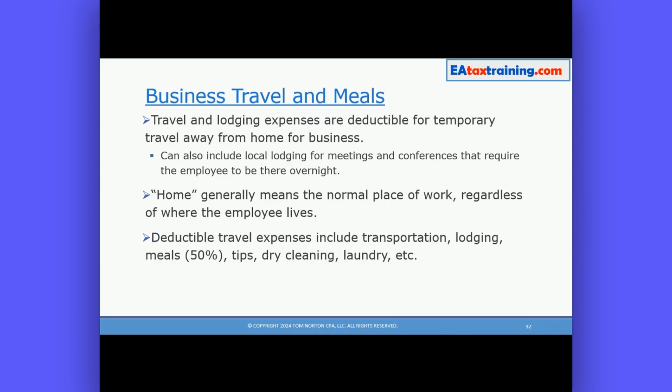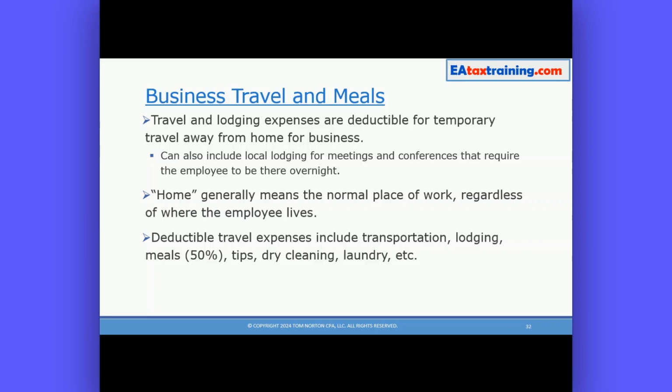So obviously, the employees who are coming from other cities, then their lodging is no problem. That is deductible. But what about the people who actually live in that city where the home office is? Well, if those employees are required to stay at the hotel along with the employees from out of town, then you can go ahead and deduct their lodging as well. That's what this is saying.